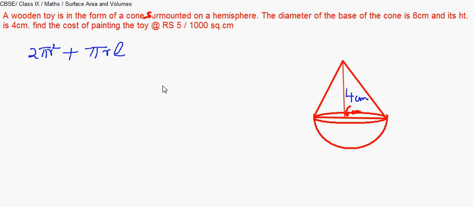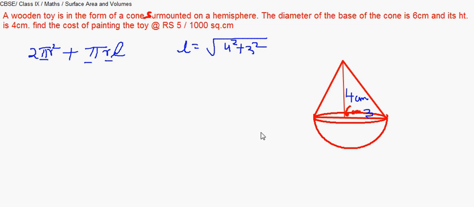So what you can do is you calculate l separately, because if the diameter is given as 6, the radius will be 3 here. So you apply the Pythagoras theorem to first find l, that's given by the square root of h square plus 3 square.